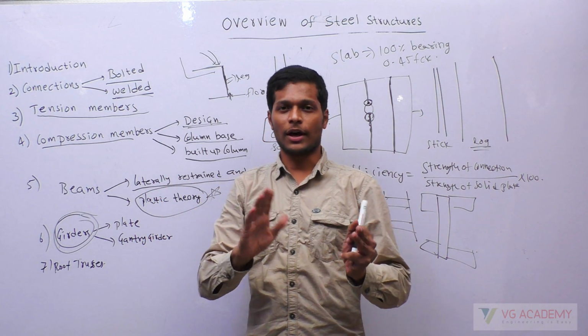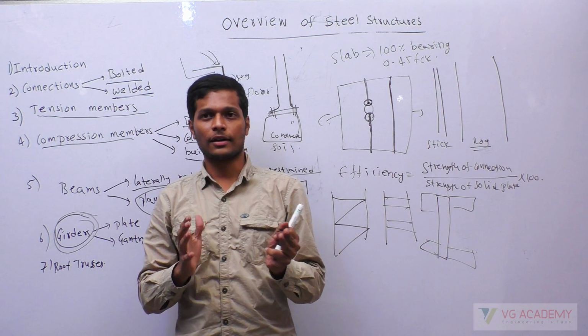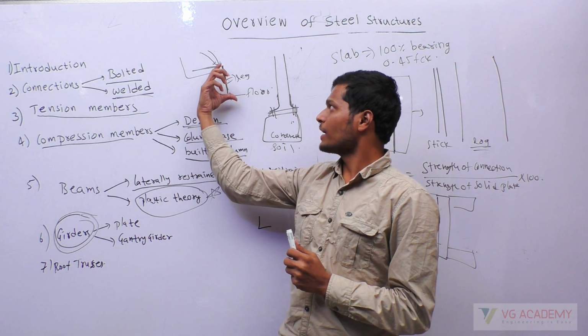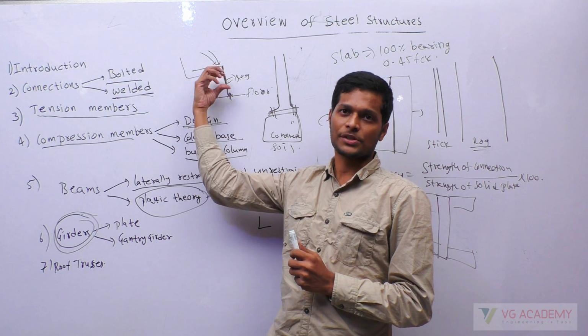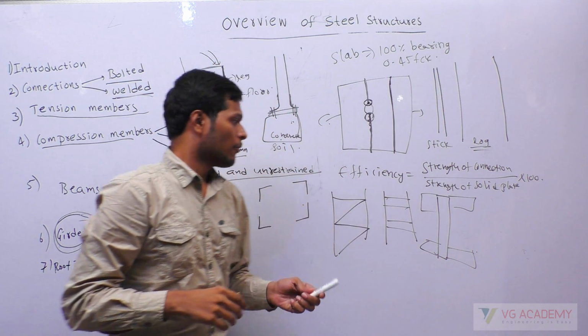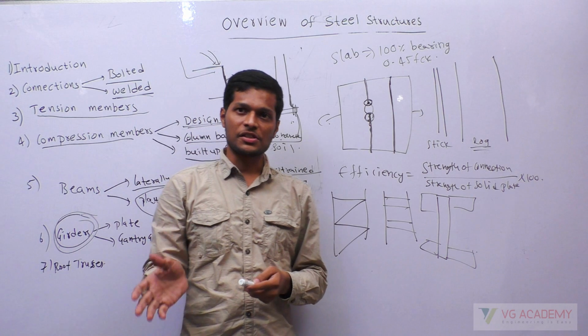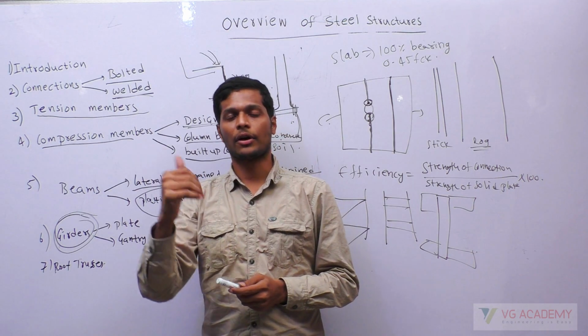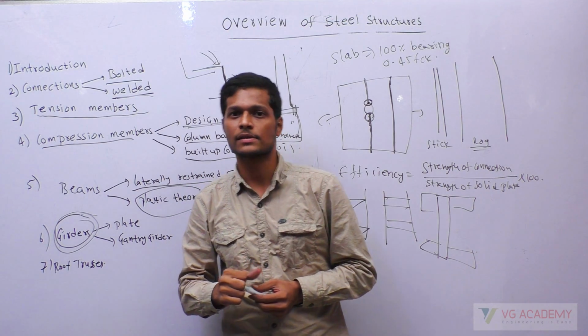So I hope you understood the requirement of this stiffness. Here I am getting stiffness because of compression. Similarly, for plate girders also we will have bearing stiffeners, intermediate stiffeners, different types of stiffeners. In which cases we have to use which stiffeners, I have given the list. Just go through that list.